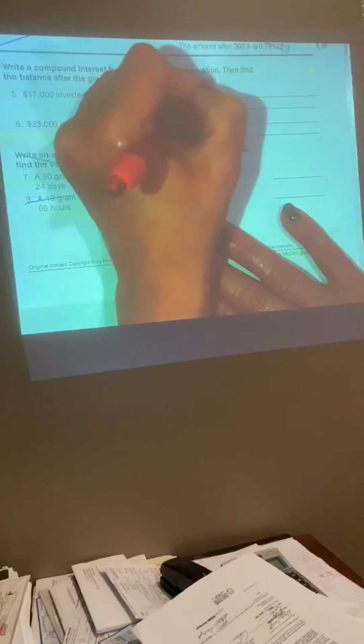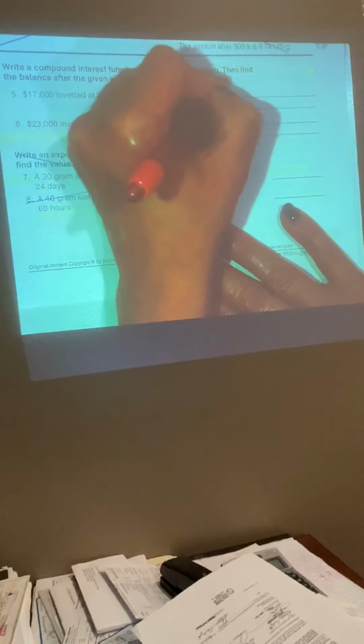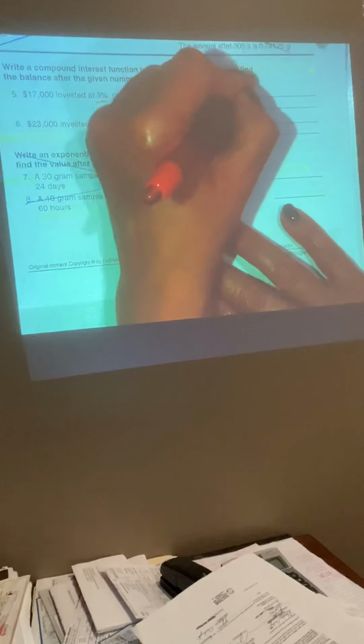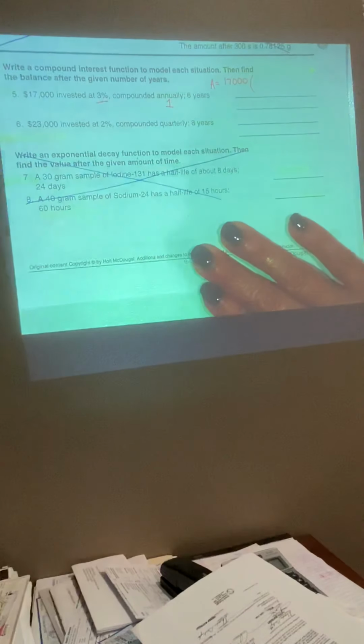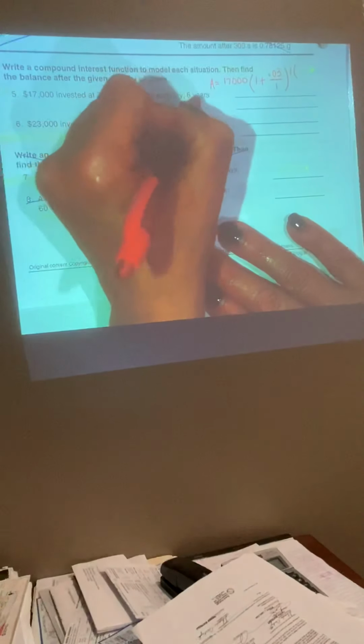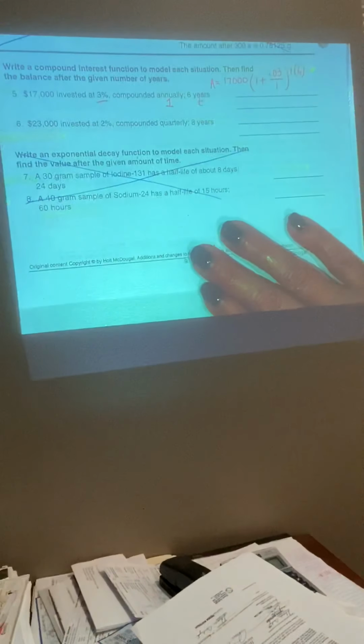Okay, so A equals 17,000 times 1 plus my rate, 3%, 0.03, my N annually, 1, times NT. N is 1, T is 6. There's my T. And that's how it should be set up.